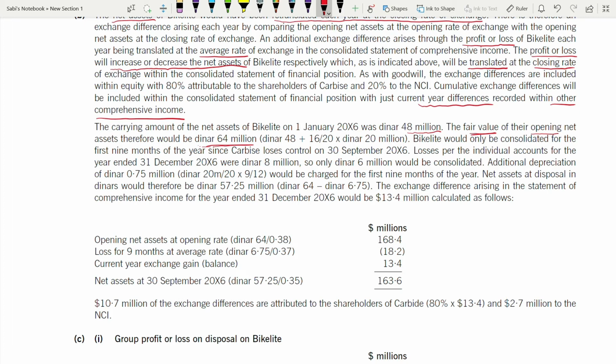How 64 million dinar? Opening is 48 plus 16, divided by 20, into dinar, 20 million.